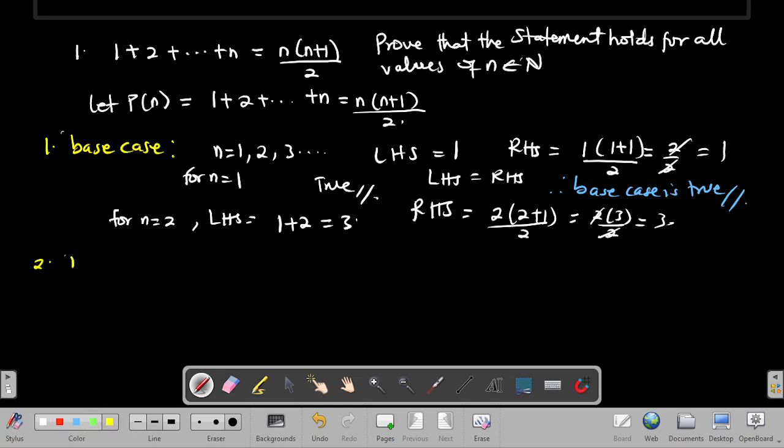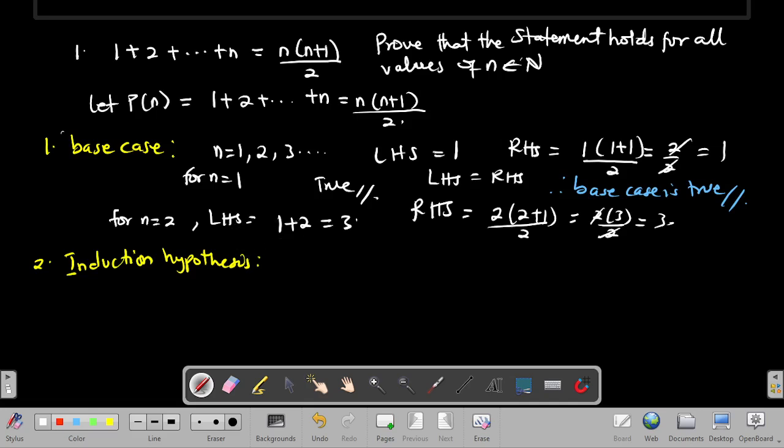The second step is what we call the induction hypothesis. For induction hypothesis, at this step, we don't solve, but we assume. That is the word hypothesis. We assume that our statement is true for a particular unknown. This is a very important step in mathematical induction.